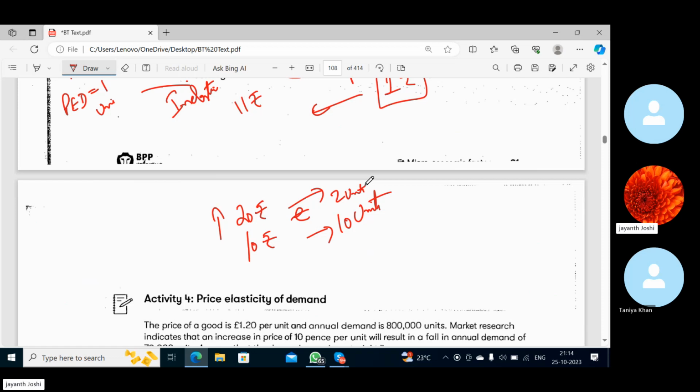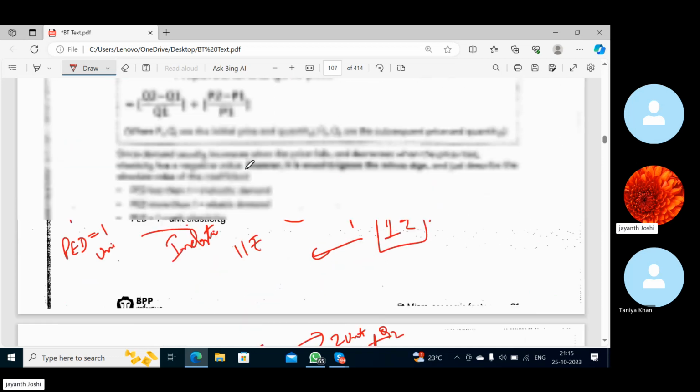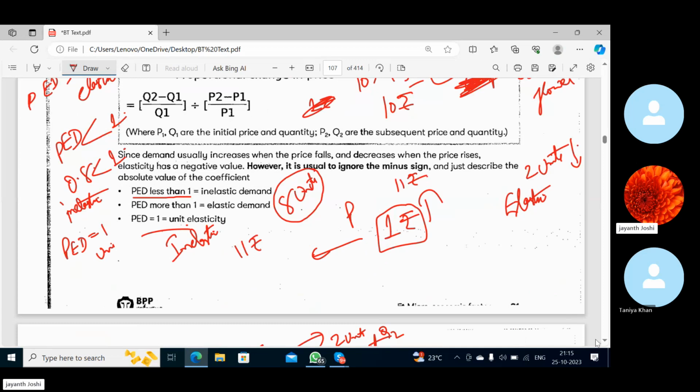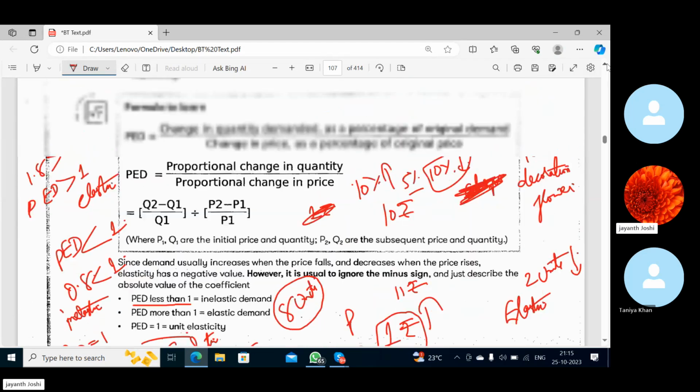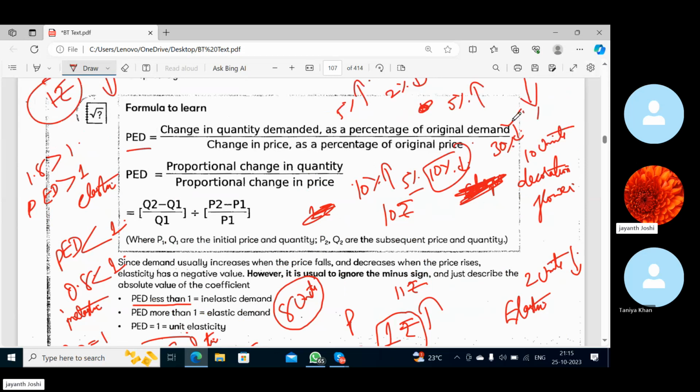Okay. Now, elasticity of demand, how can you calculate it? The formula is this was P1, this was Q1, this is P2, this is Q2. So the formula says percentage change in demand by percentage change in price.